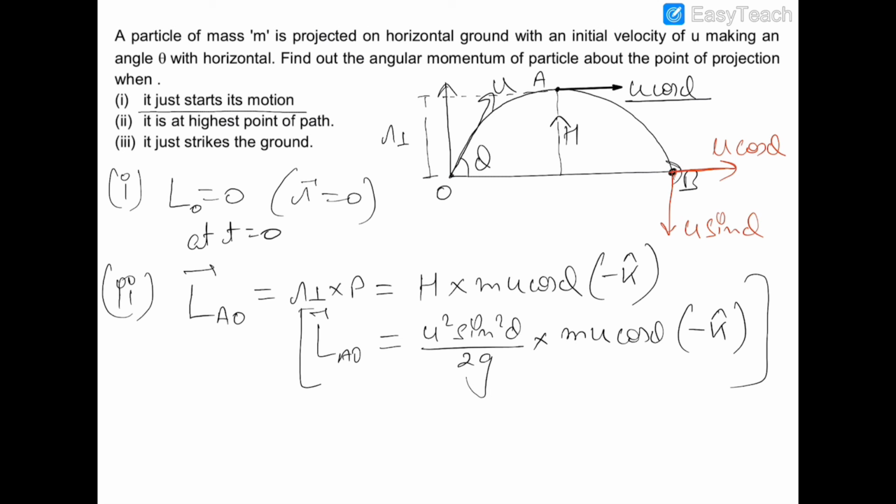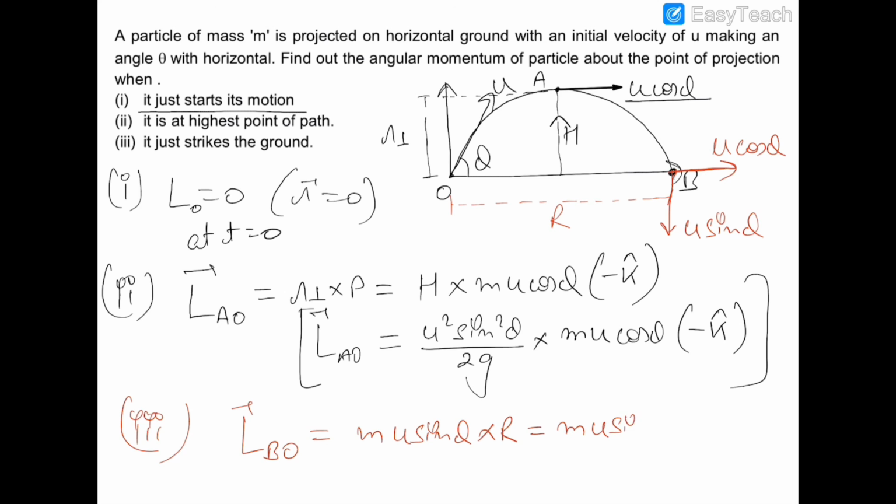But if we have to find out the angular momentum about O of the y component, then the angular momentum of the particle at B about O will be mu sin theta, which is this component, into the perpendicular distance from O. So the perpendicular distance from O is given as the range, and the range is known to us, which is u square sine 2 theta by g.